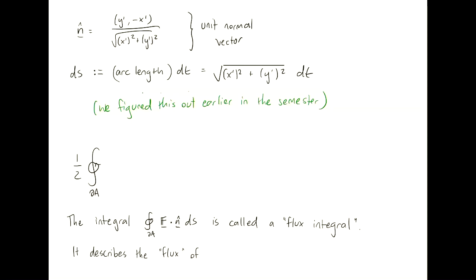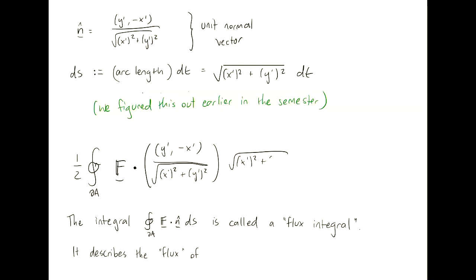Okay. All right, so let's put these bits in. So this tells me that what I'm actually calculating is y dashed minus x dashed over the square root of x dash squared plus y dash squared, times the square root of x dash squared plus y dash squared dt.